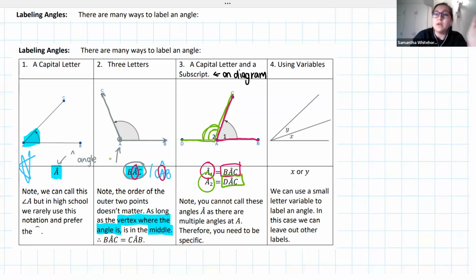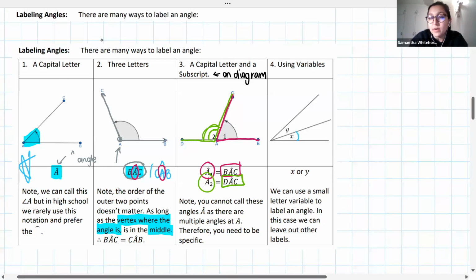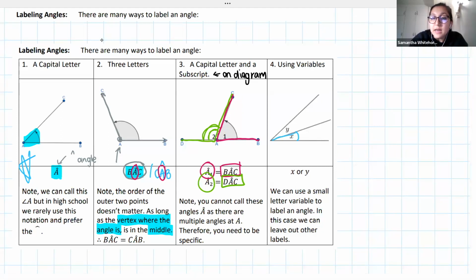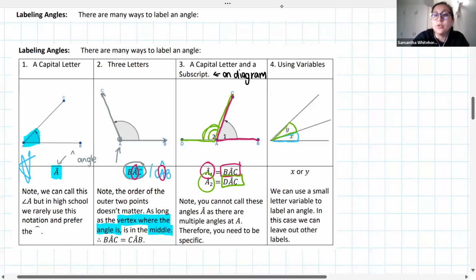The fourth one, and this is what we'll use quite a bit, particularly in grade 8 and grade 9 geometry, is where I actually just give you a variable. So what I'm saying is you can see that there's no labels for any of my arms here. I'm saying that this little angle down here is just angle X, and the angle above it is angle Y. There's no need for the letters.